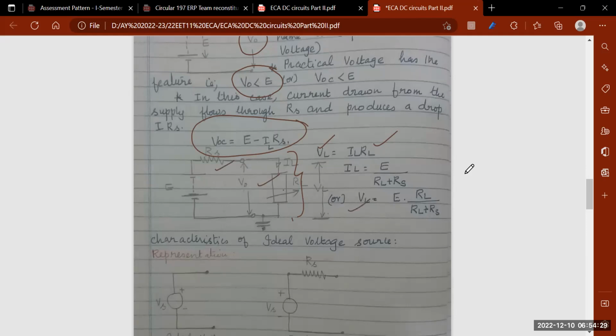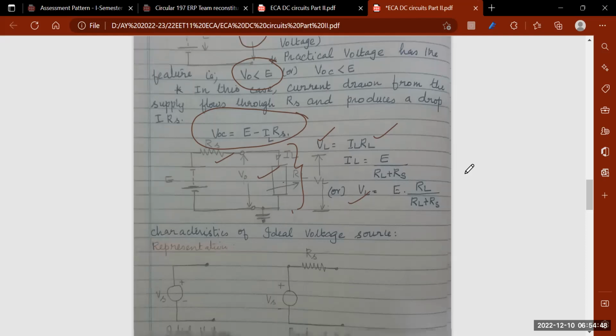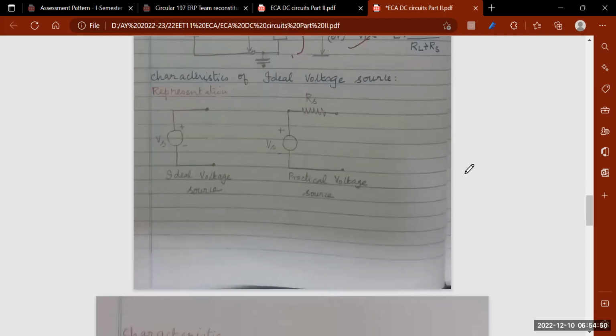And if I write the load voltage, it is given by E multiplied by RL divided by RL plus RS, right? Because of the internal resistance, there is an internal drop and the output voltage is always less than the battery voltage. Okay. Now let me discuss the characteristics of the ideal voltage source.